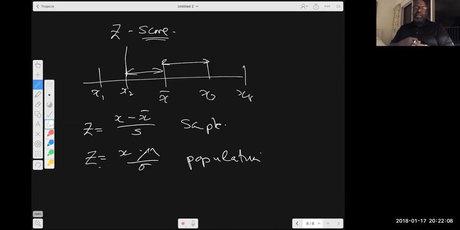So the rule is that if the Z score is 3 or higher, either -3 or lower, or 3 or higher, in other words, the distance is more than 3 standard deviations, you consider that an outlier, all right? Because that's considered very far. 3 standard deviations away is considered very far.